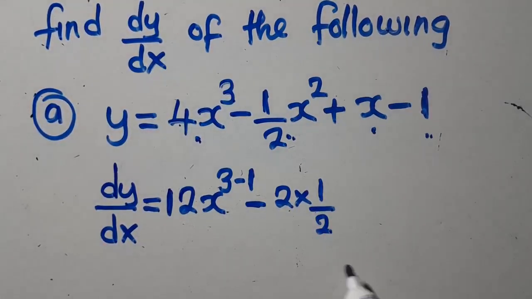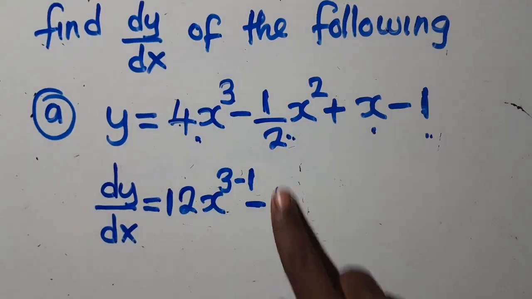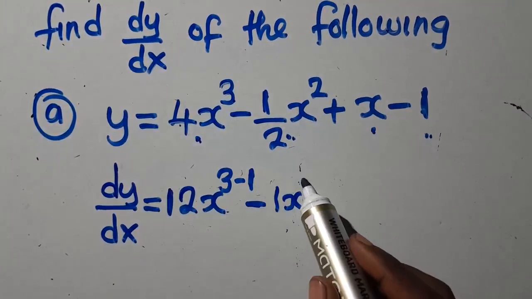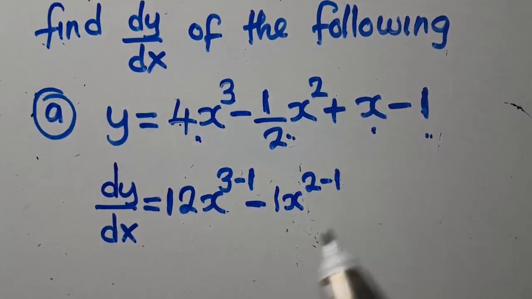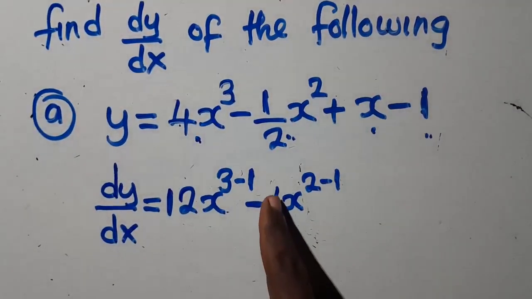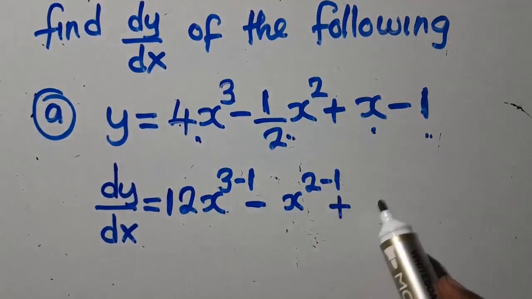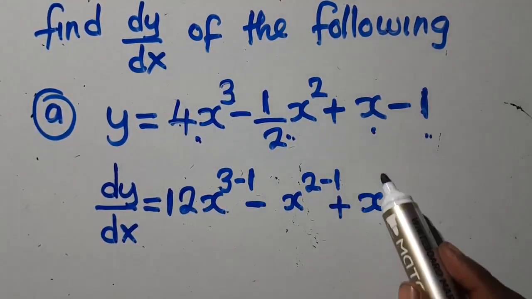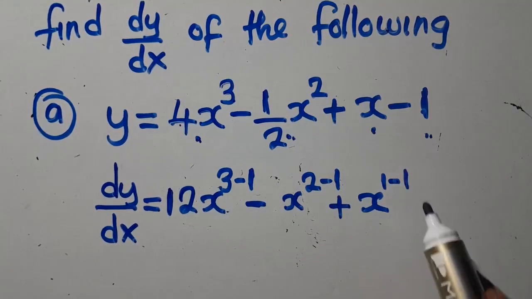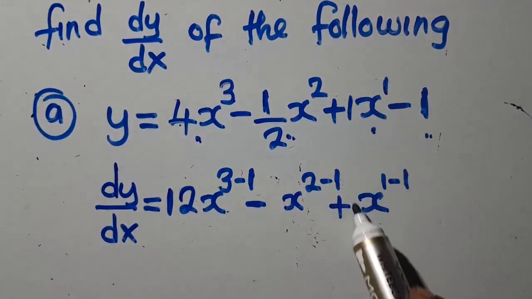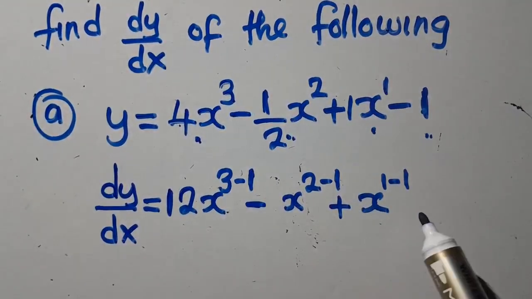But you know that this 2 and that 2 can cancel out. You are just going to remain with the 1. So you can't say 1x squared minus 1. You can't say 1x. You just remove the 1 here. You remain with x. Then plus, this is x, 1 minus 1. So there is 1 there. 1 times 1, you find 1. I can't say 1 there. So I just leave it like this.